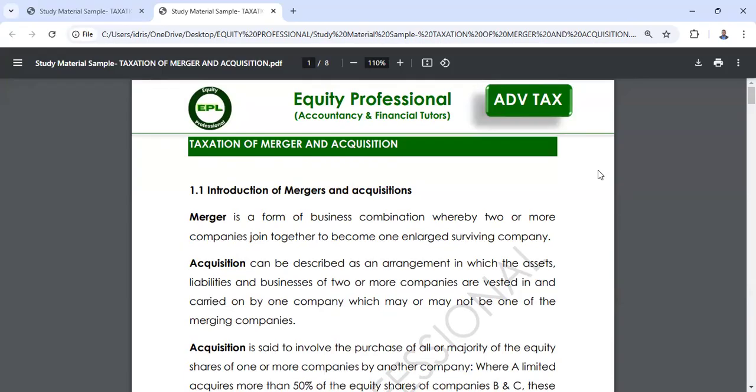Example of merger: A Limited, B Limited. They want to combine their assets together. They want to join together to become one.